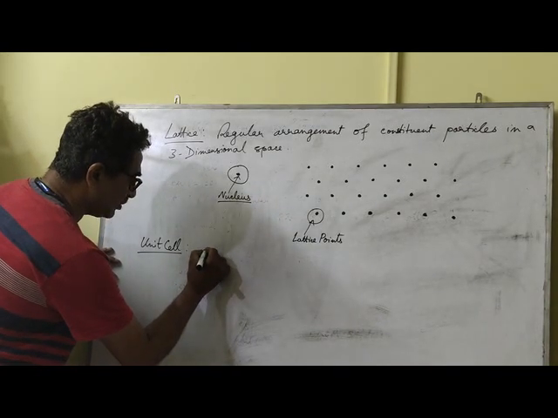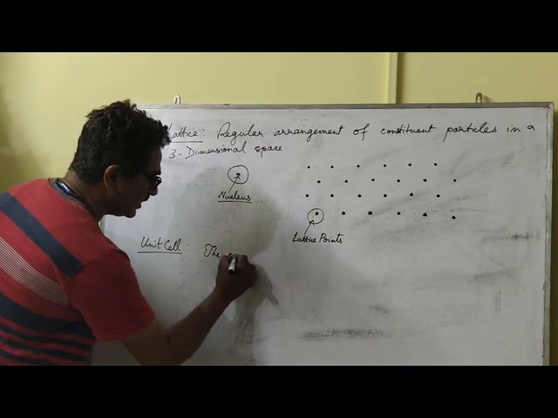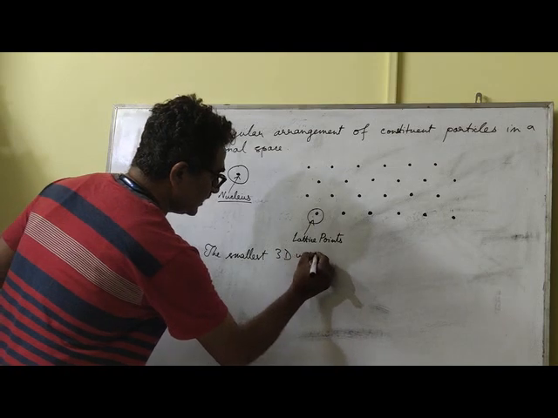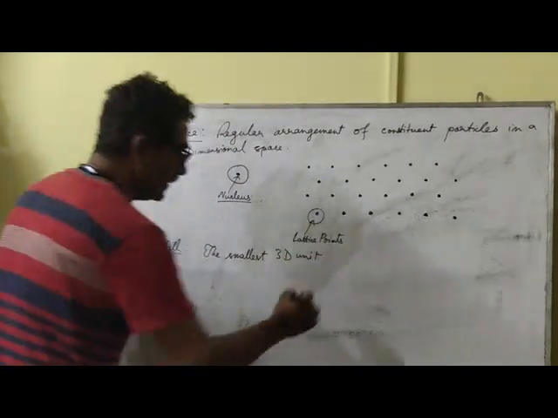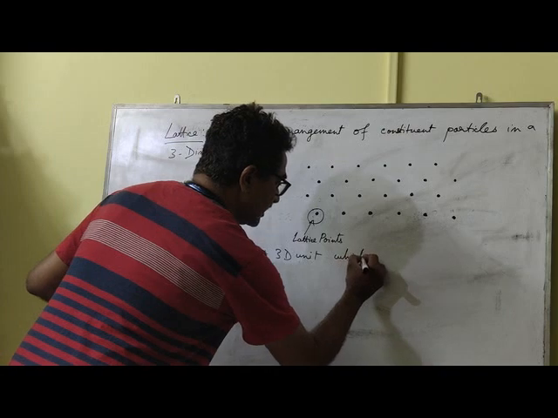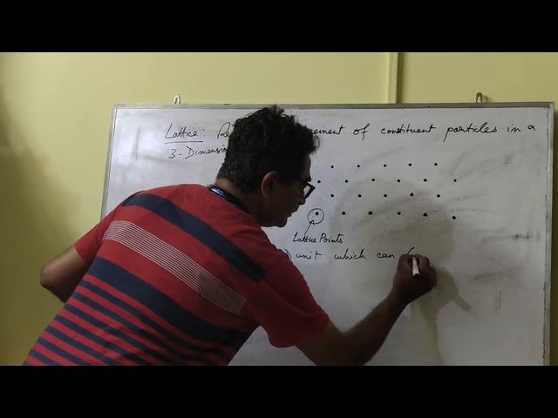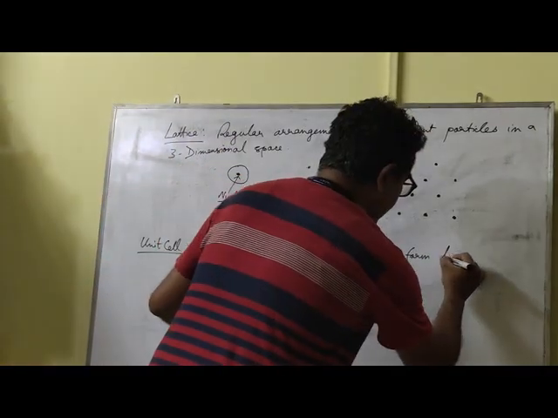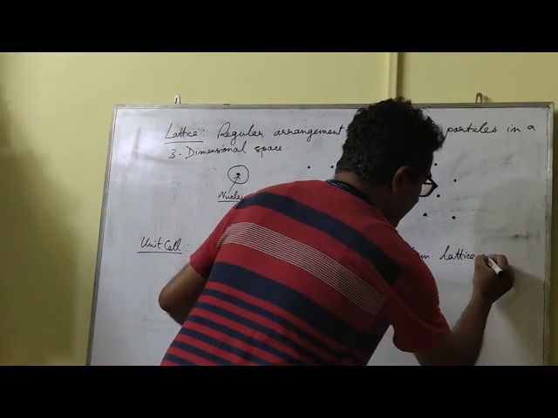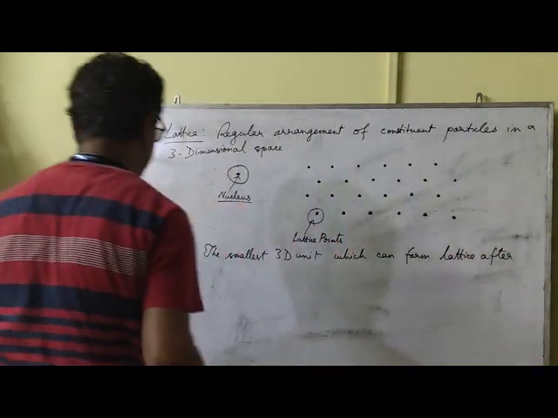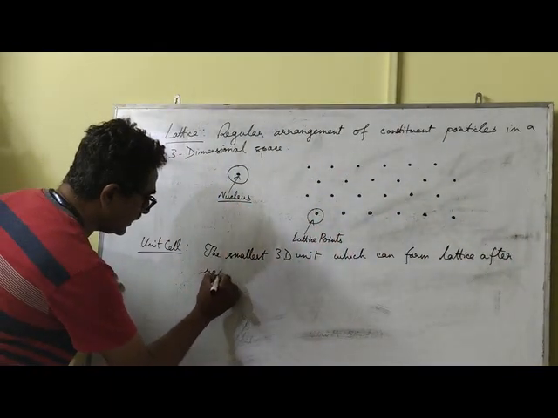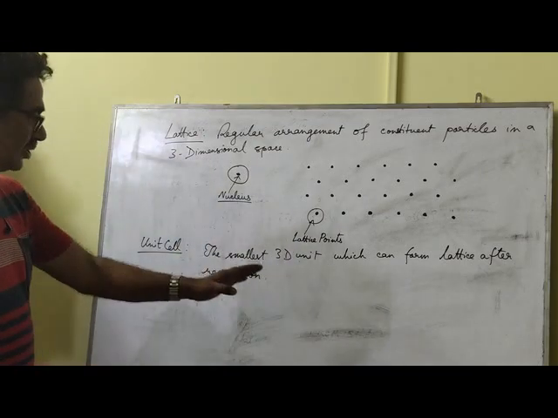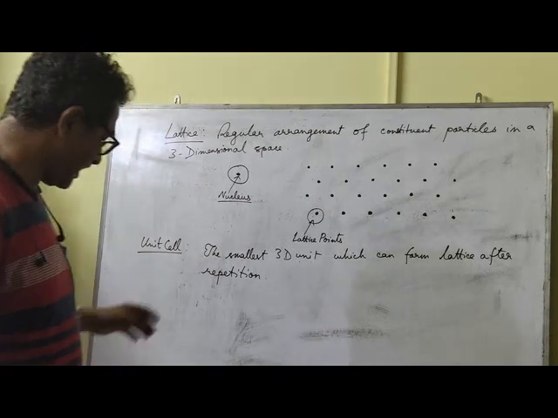You can imagine it to be the smallest 3D unit which can form a lattice after repetition. The smallest 3D unit which can form a lattice after repetition.